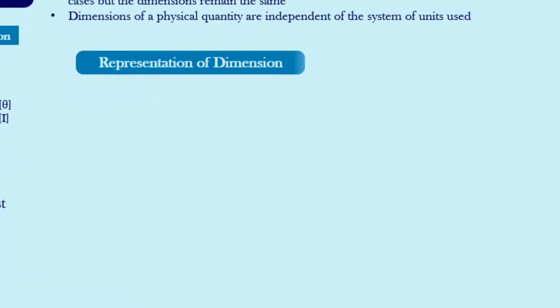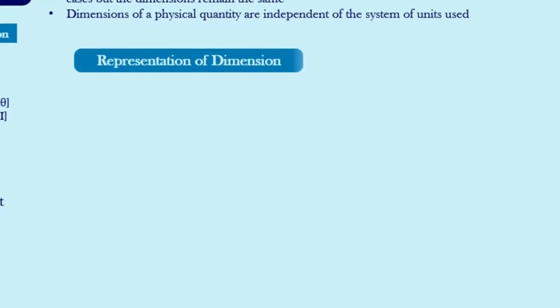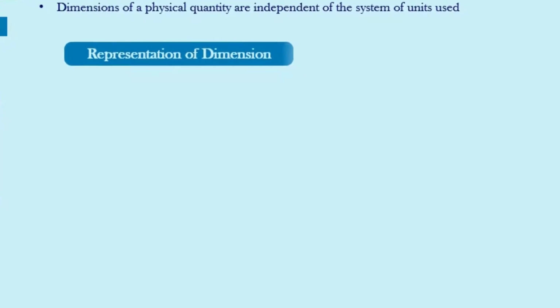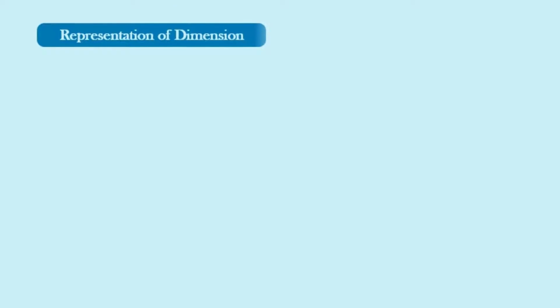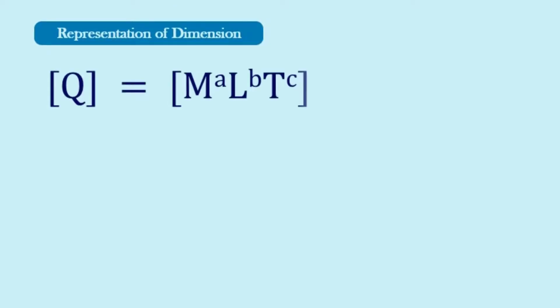Now let us discuss how to represent dimensions. Considering the dimensions of a physical quantity Q is A in mass, B in length, and C in time, we can express it in the following manner: Q equals [M^A L^B T^C]. Remember, dimensions are the powers to which fundamental units are raised.